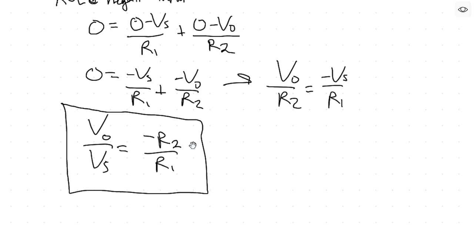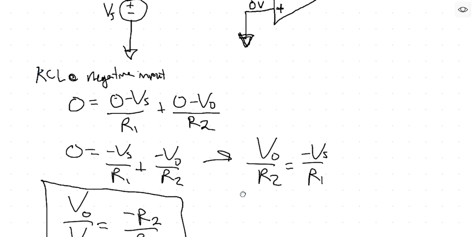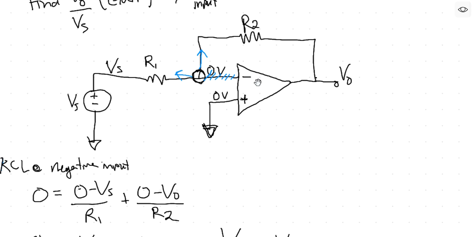The second thing to note, and this is just cool, is that the gain of this op-amp stage is completely dependent on the resistors that we put around it. This is a powerful tool. You can give me an op-amp and I'll do what you want with it.